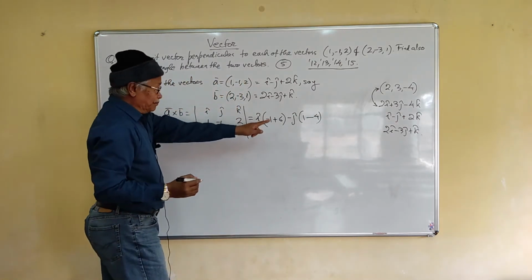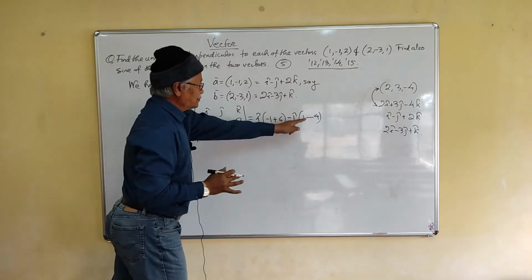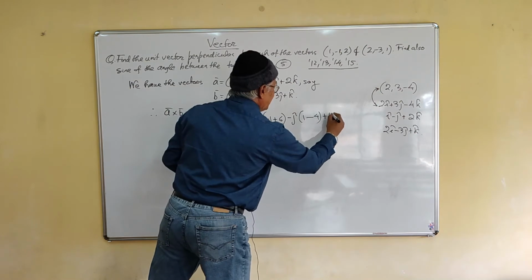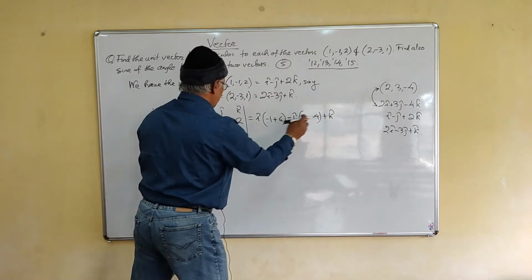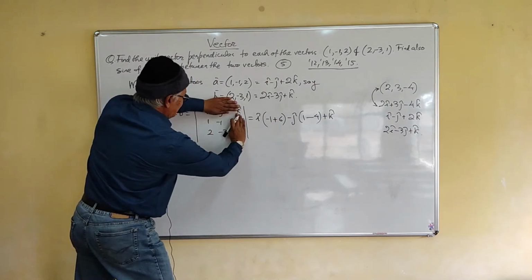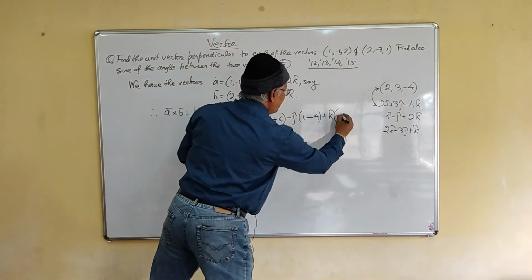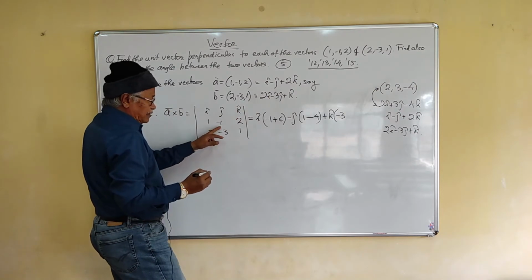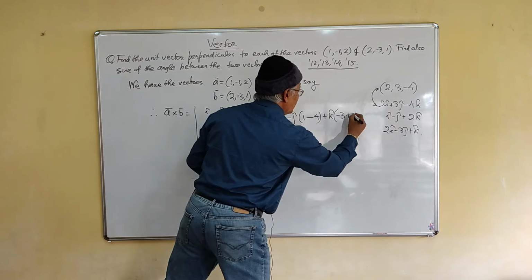And lastly, plus k. Delete the row and the column containing k. So 1 into minus 3 is minus 3. Subtract 2 into minus 1, which is minus 2. Subtracting minus 2, you get a plus 2.